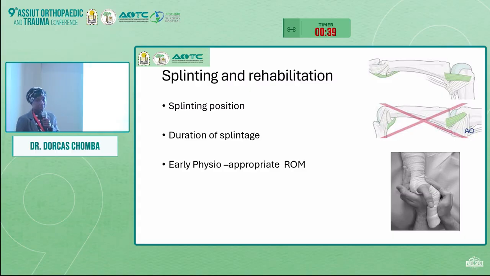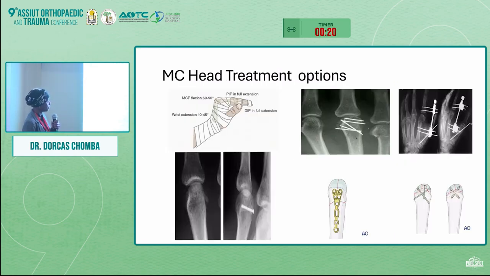Splinting and rehabilitation are very critical to ensure that the patient's function is restored. Make sure you get the splinting position right, whether you're doing it as a non-operative option or after surgery. Get the duration of splintage right, and initiate early appropriate physiotherapy. So the options of what you can do in orthopedics are many.